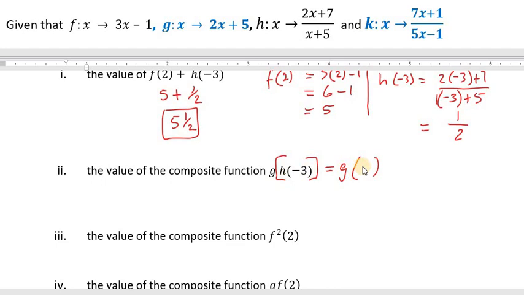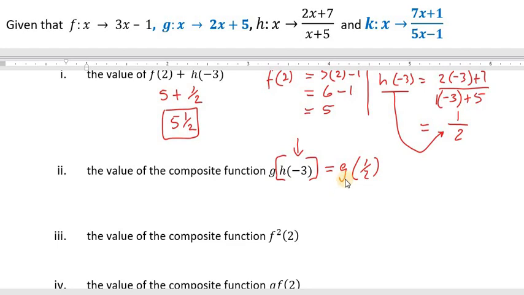G of a half. Did you get that? If you look in the bracket here, we're seeing h of negative 3, which was worked out to be a half. So we need to simply replace h of negative 3 with a half. So in fact, we're finding g of a half.